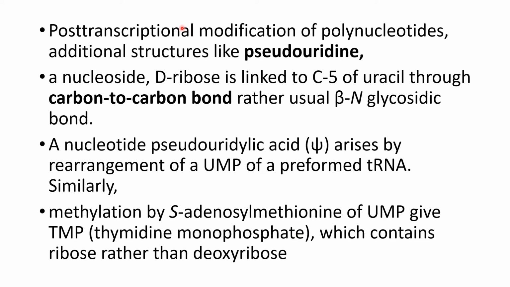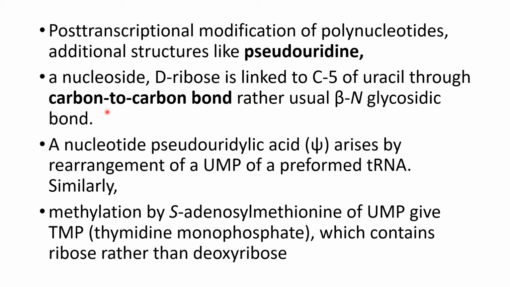In the post-transcriptional modification of the polynucleotides, there is the formation of additional nucleotides such as pseudouridine, as in the case of tRNA. In pseudouridine, there is a linkage between carbon number 5 of the uracil and the carbon of the D-ribose sugar.